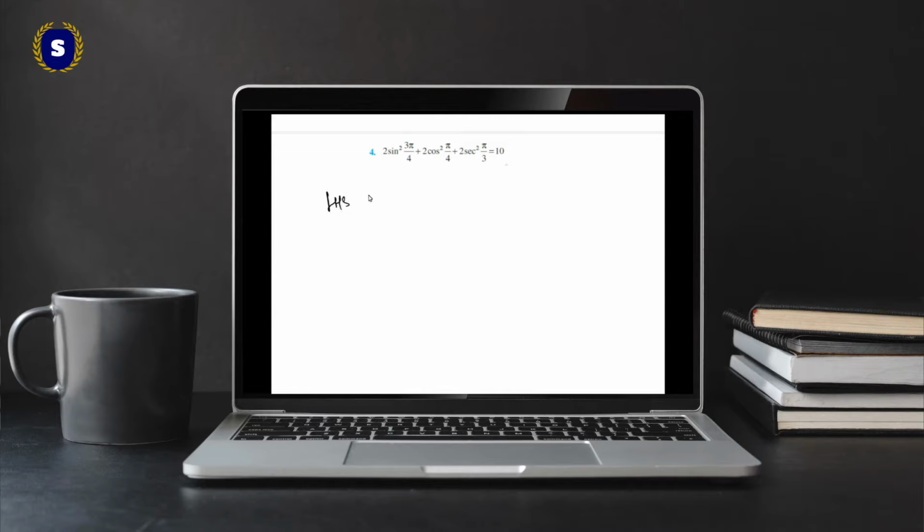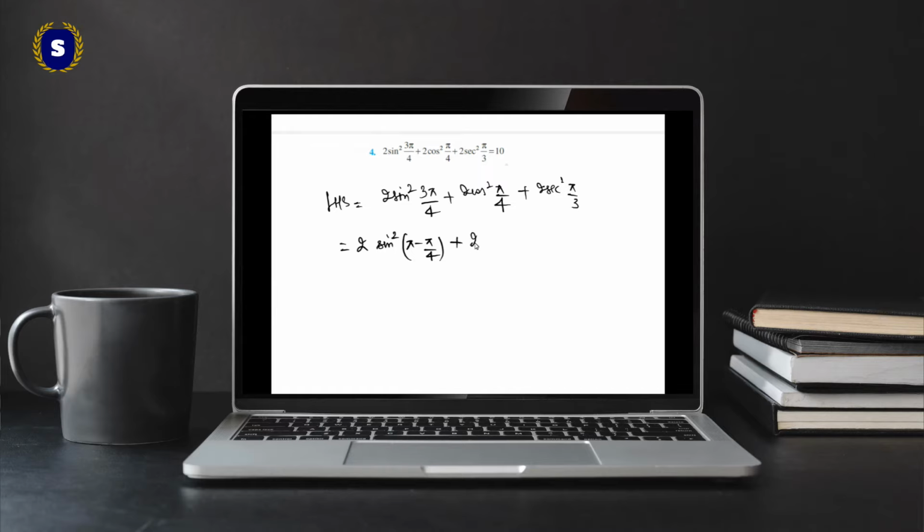Let us write down LHS as 2 sine square 3 pi by 4 plus 2 cos square pi by 4 plus 2 sec square pi by 3. Here we need to convert this angle, 2 sine square of pi minus pi by 4, right?